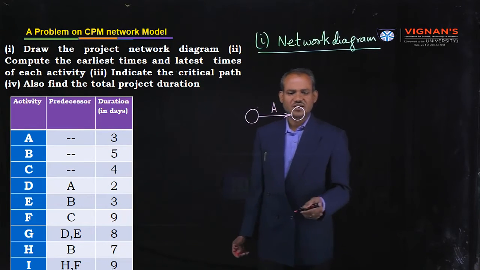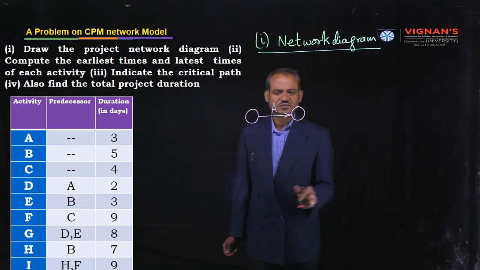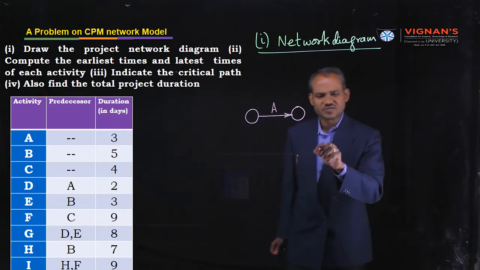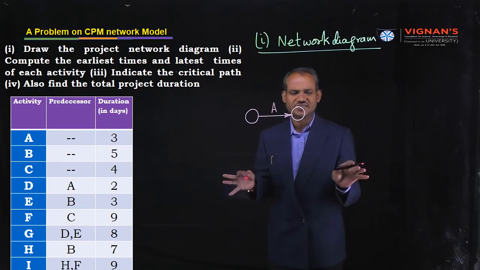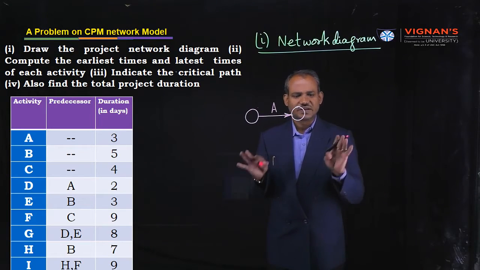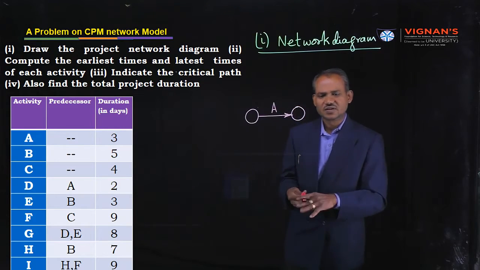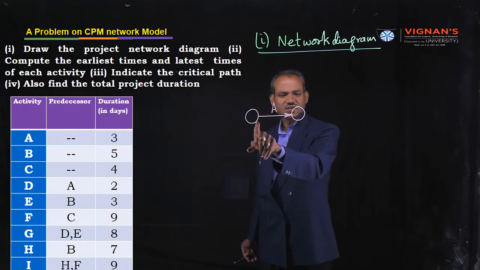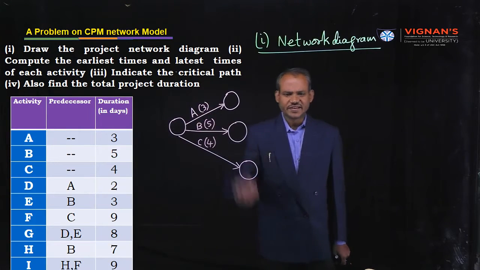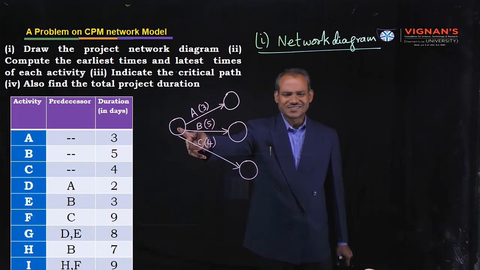Next, consider another activity, activity B. For B activity also there is no immediate predecessor activity. Therefore, we have to start B activity here. First consider activity A. For activity A, there is no immediate predecessor activity.